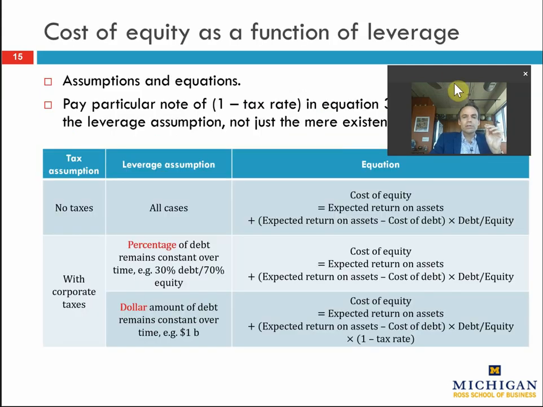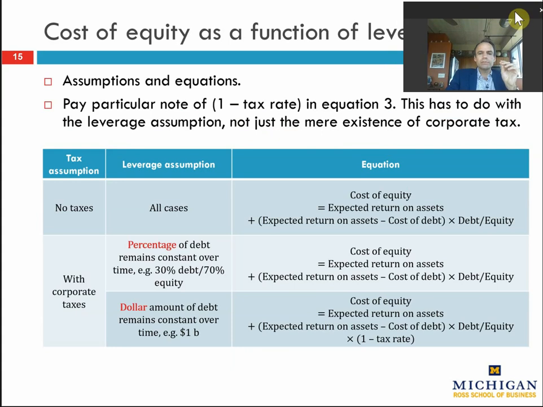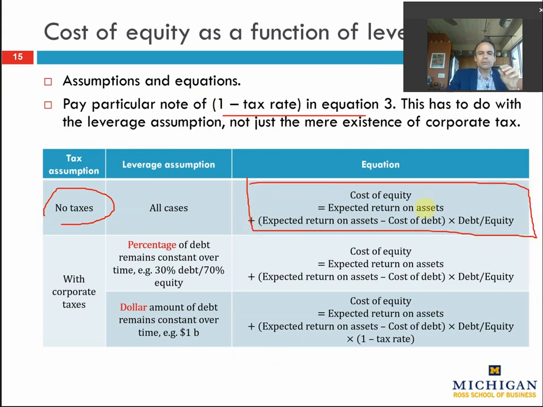So to summarise where we are with this one market imperfection, in terms of cost of equity as a function of leverage, pay particular note of 1 minus tax rate in equation 3. If you have no taxes, that was our perfect capital markets case, we have this equation here for the cost of equity: expected return on assets plus expected return on assets minus the cost of debt times the debt to equity ratio.